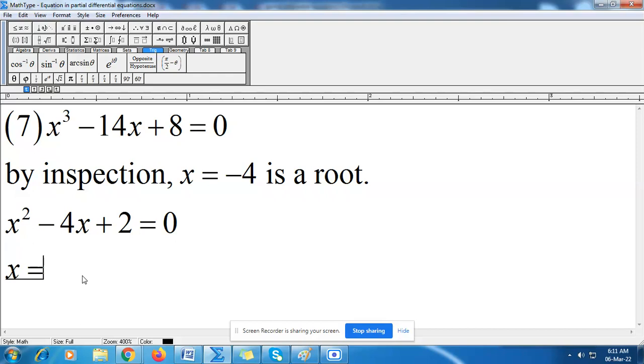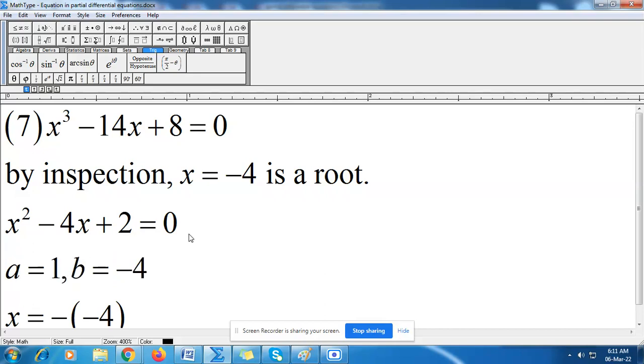So minus b, here a is 1, b is minus 4, c is 2.